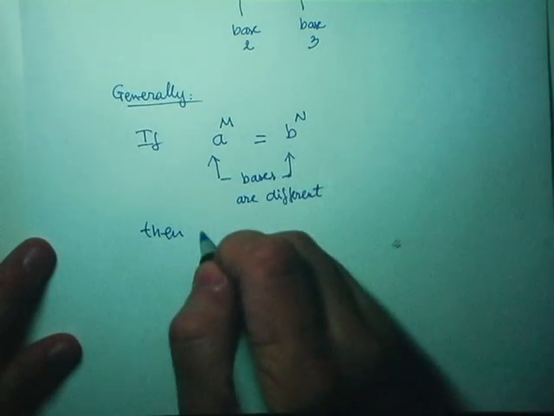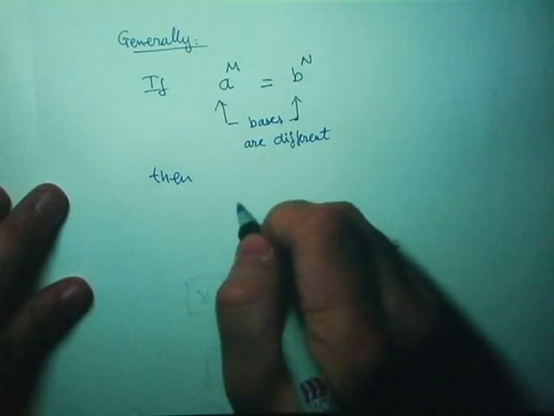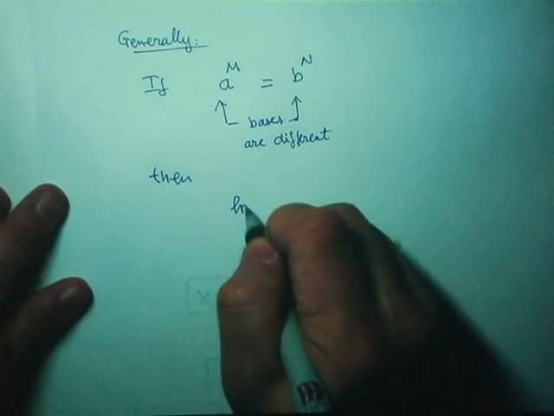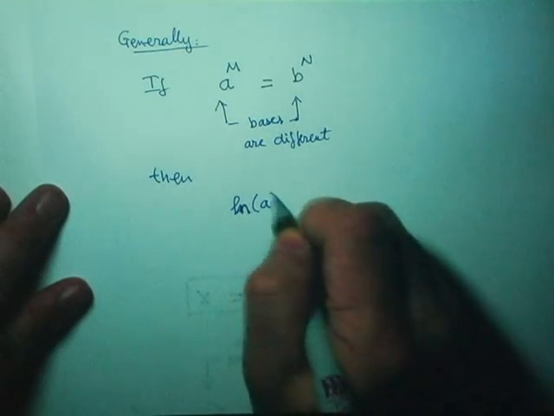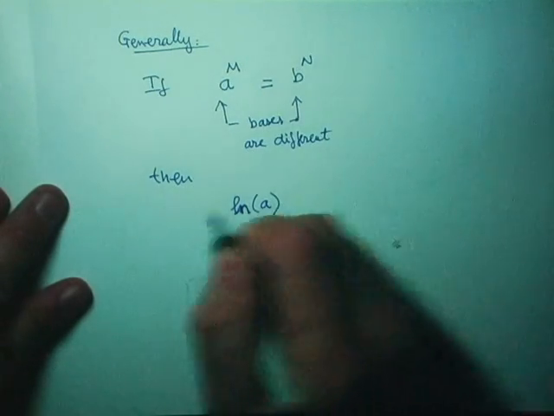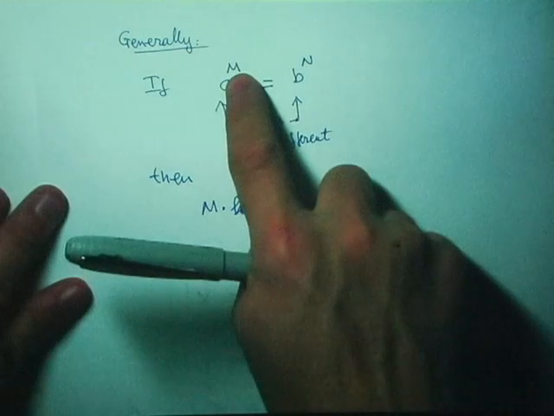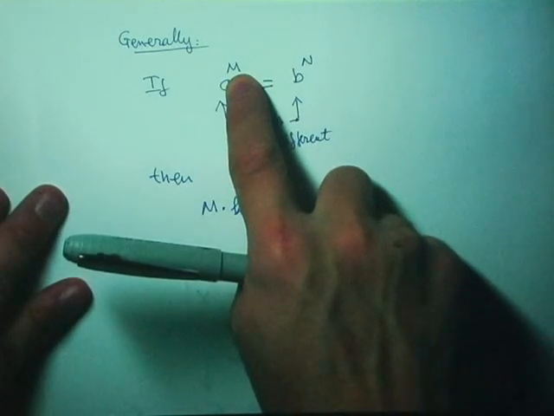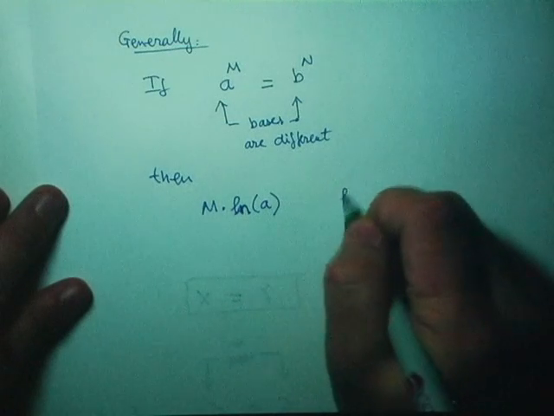is rearrange the equation into something like this. First of all, I am going to simply take the natural log of the number a on the left-hand side, and multiply that natural log by m, which was the power on the left-hand side. And then, once again, I'm taking the natural log.